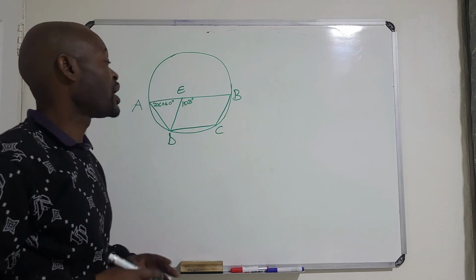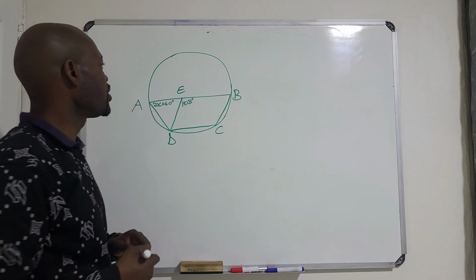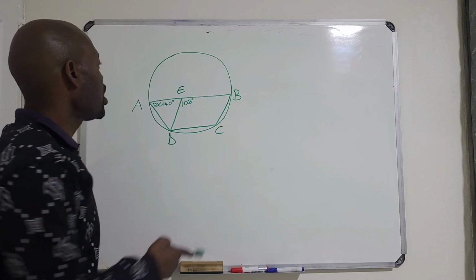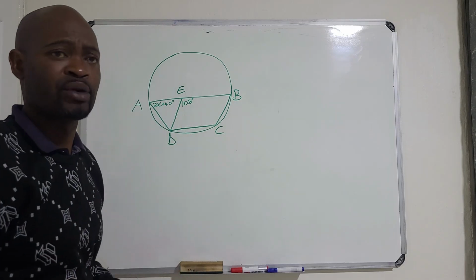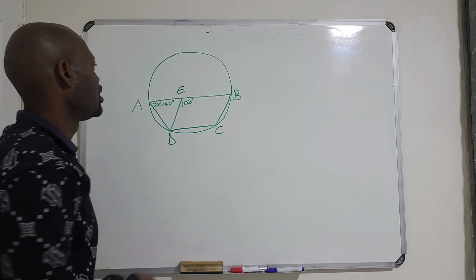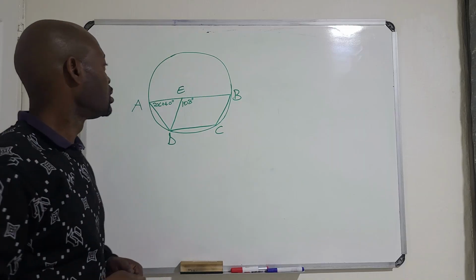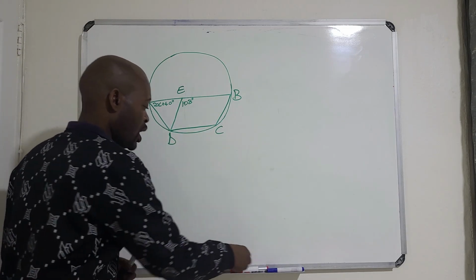BCDE is a parallelogram. Now, a parallelogram, we know, is a four-sided figure where opposite sides are equal. That's the first property of a parallelogram. Opposite sides are equal. Opposite angles are equal.